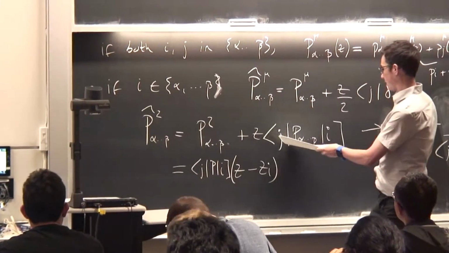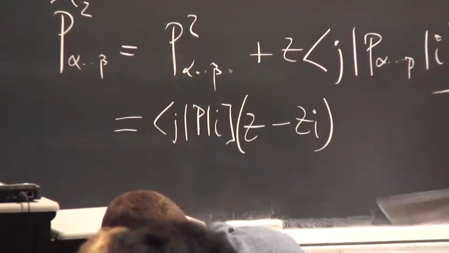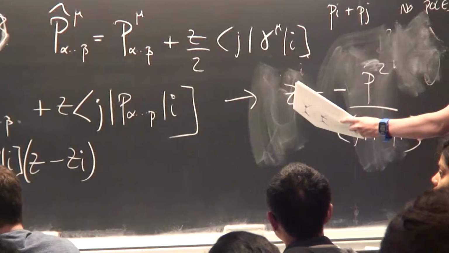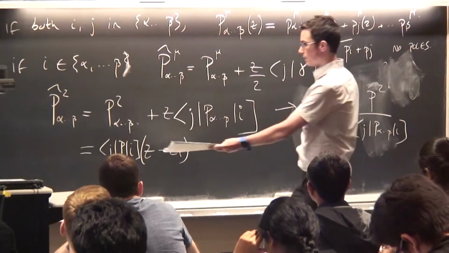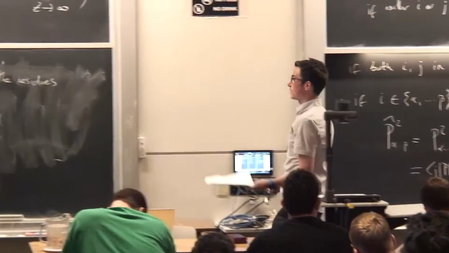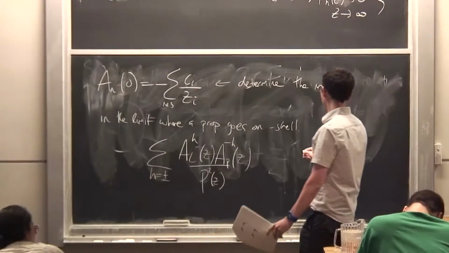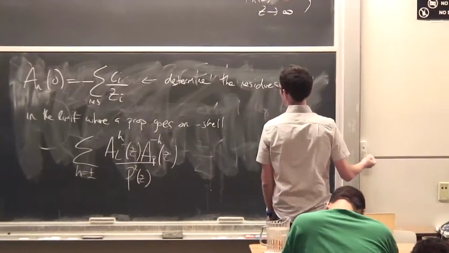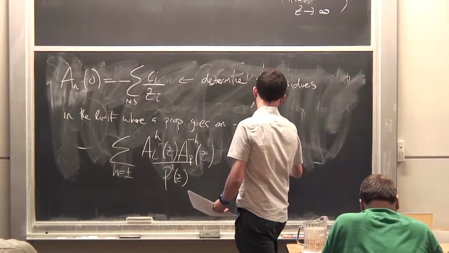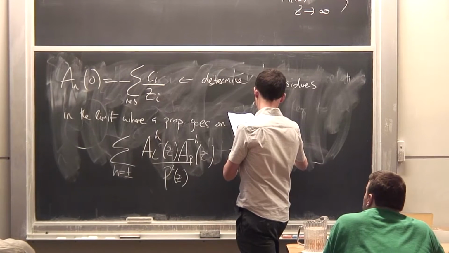I factor this out front, and then I use my definition of zi, which is the value that sets the residue, and then I'm done, because this thing is exactly what I'm expanding my Laurent series in, so I can identify Ci.